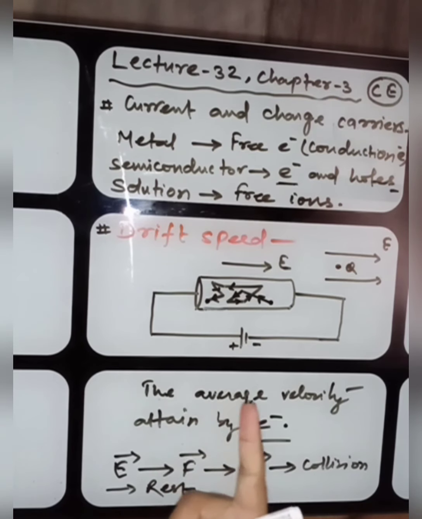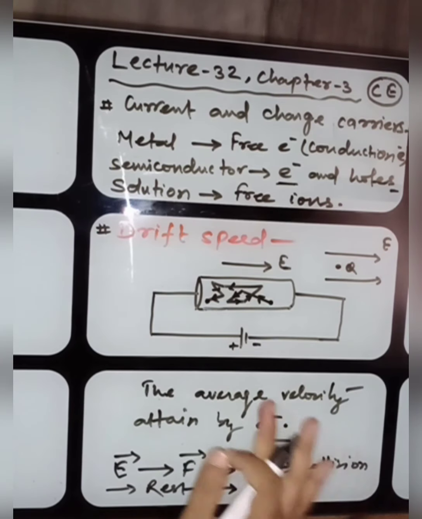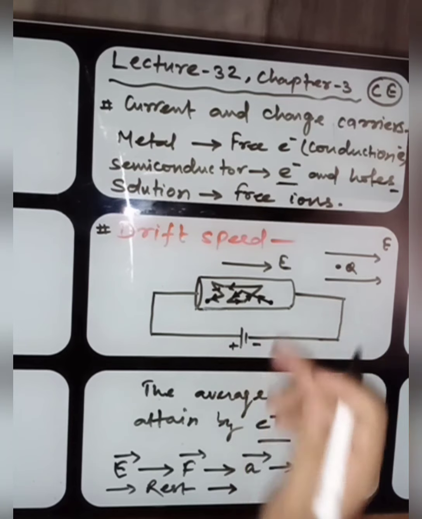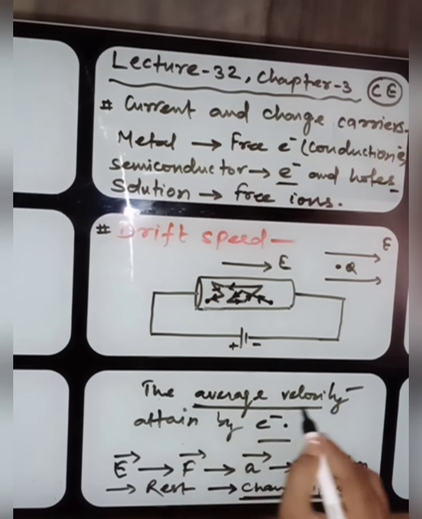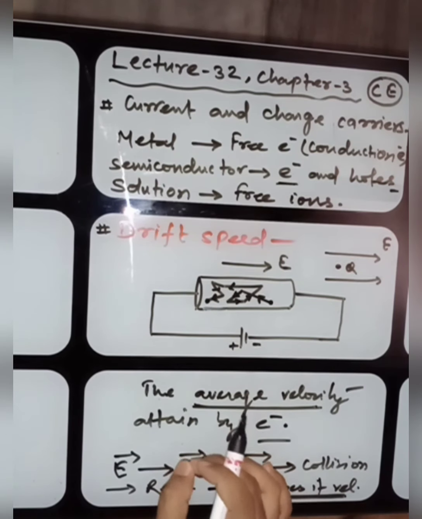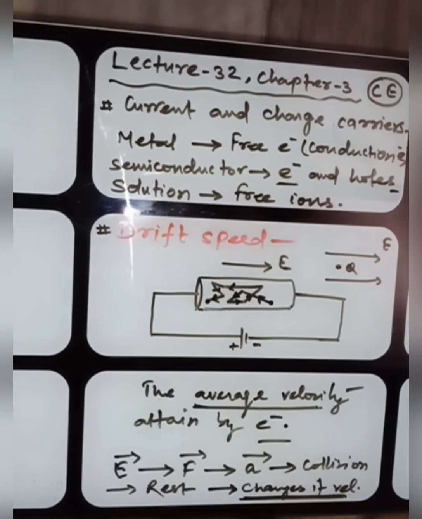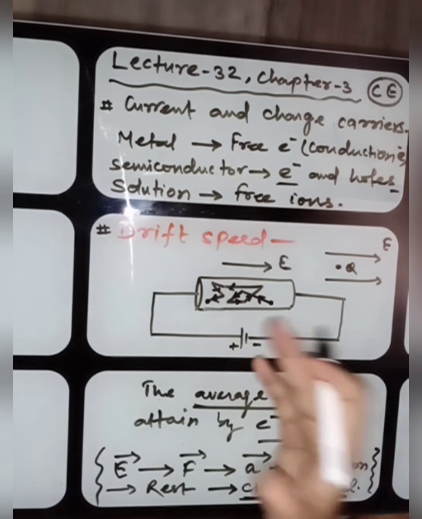It stops momentarily, but it does not stay at rest for all time, because the electric field is continuously applied, so it starts moving again. It means it changes its velocity, and due to this change in velocity, after each collision it attains an average velocity, and that average velocity is called the drift velocity or the drift speed of the conductor.